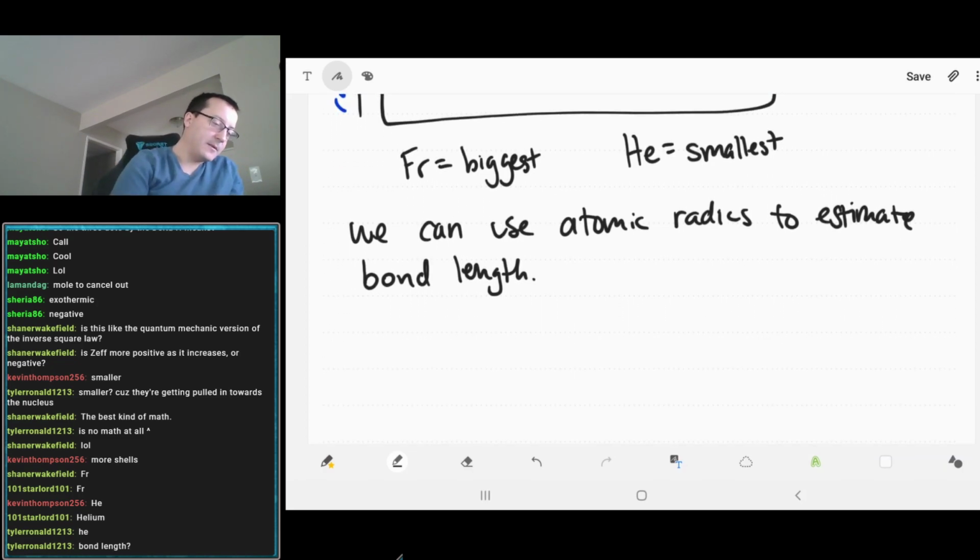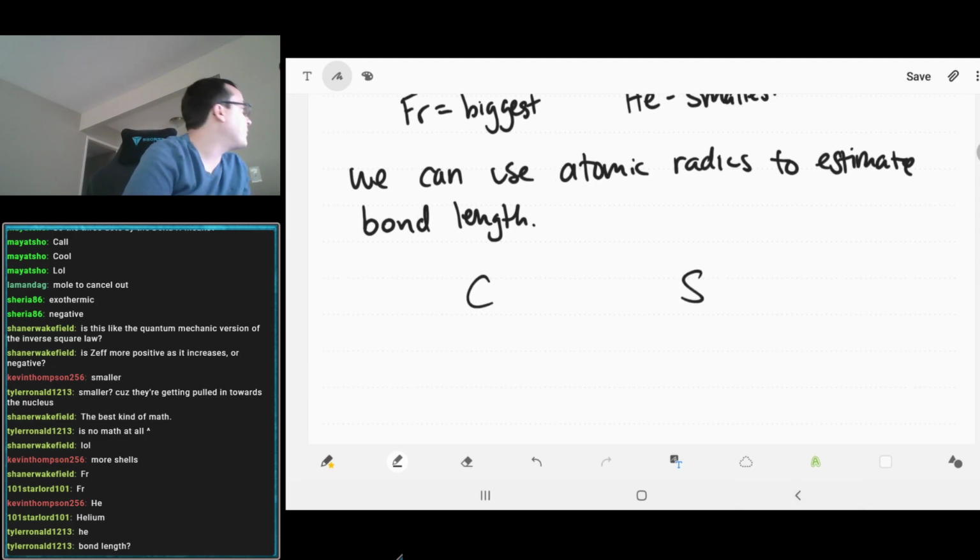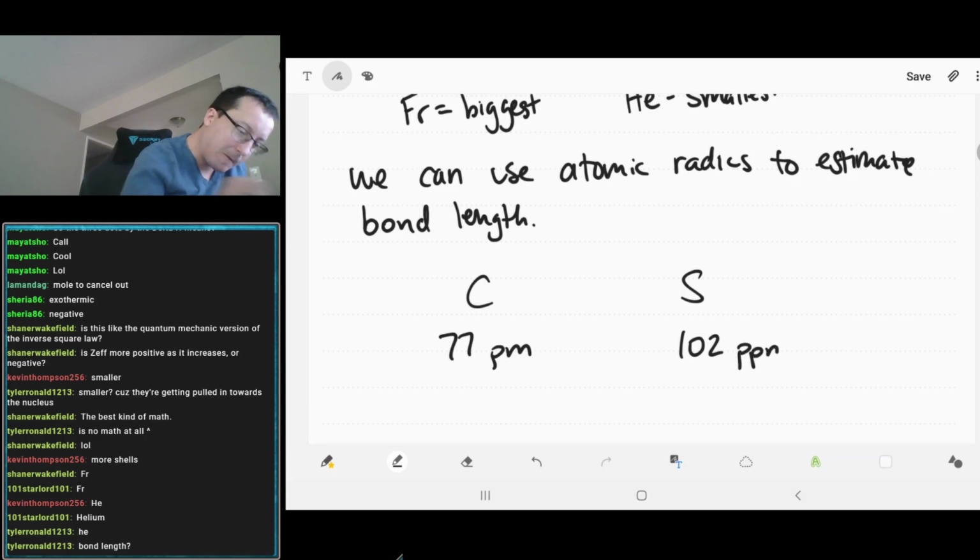Alrighty. So let's take an example. Carbon's atomic radius is 77. Sulfur's atomic radius is 102. If we imagine these guys are spheres, is this radius or diameter?